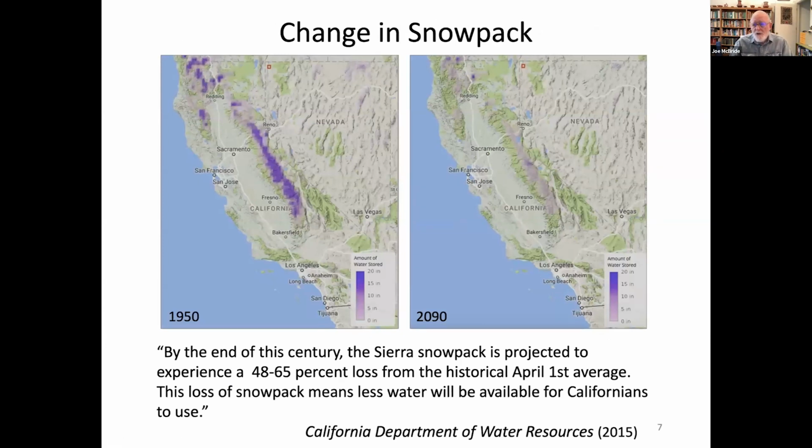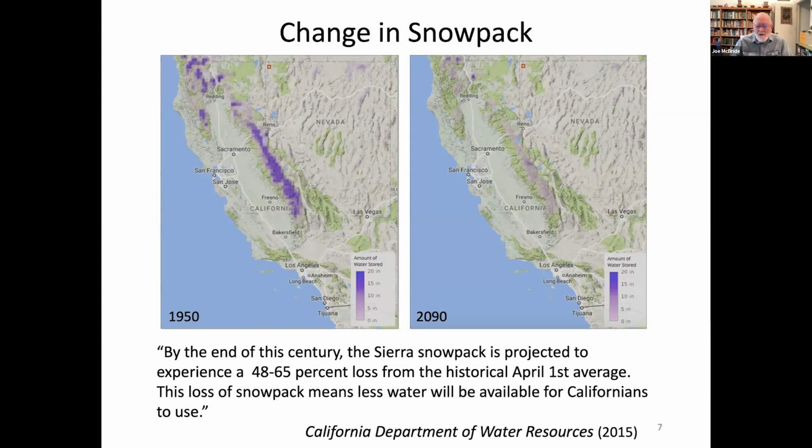Another thing that is going to be changing is the amount of snow that we receive in California. The map on the left shows the snowpack in the Sierra and the Cascade Ranges to the north, and that is compared with the prediction made by the California Department of Water Resources for the snowpack in the year 2090.